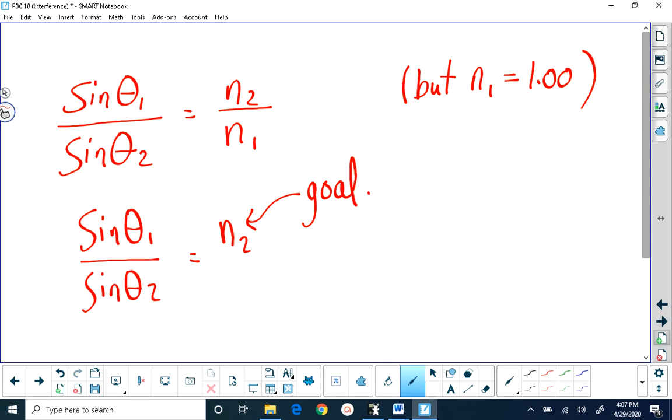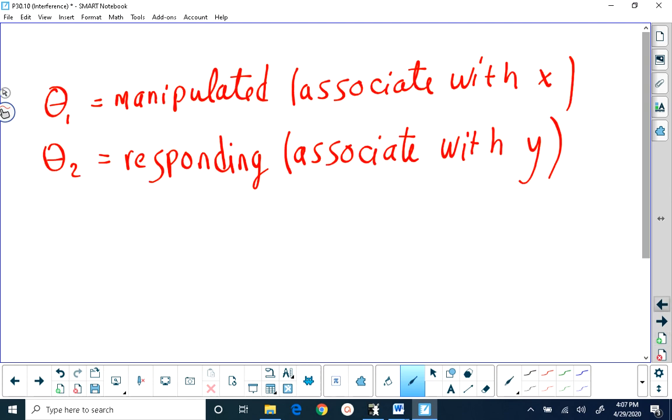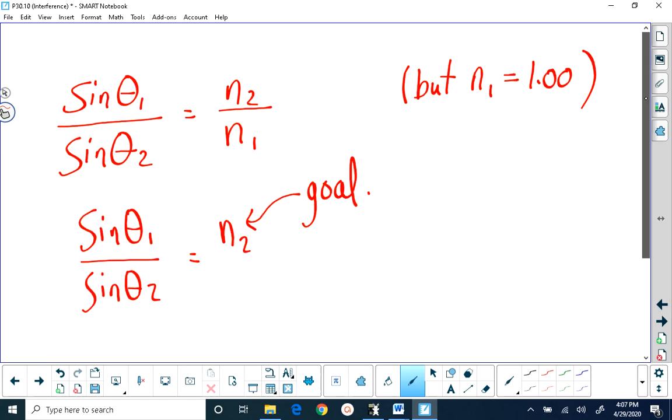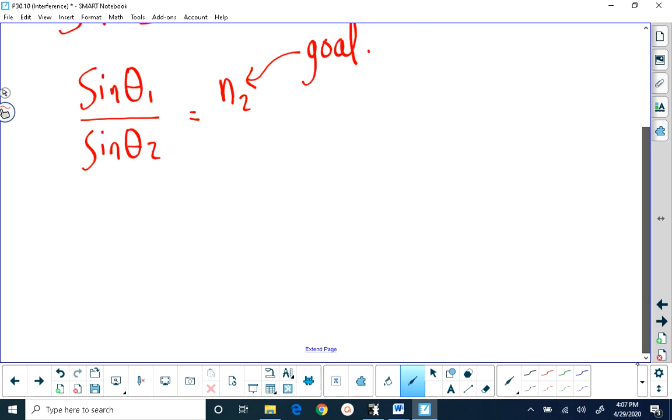Now, when we plot a graph, we always want to rearrange the equation for the thing that's plotted on the vertical axis. Now, I said that theta 2 is associated with the vertical axis, which means that our y on the graph is going to have to be the sine of theta 2. That's our responding calculation.